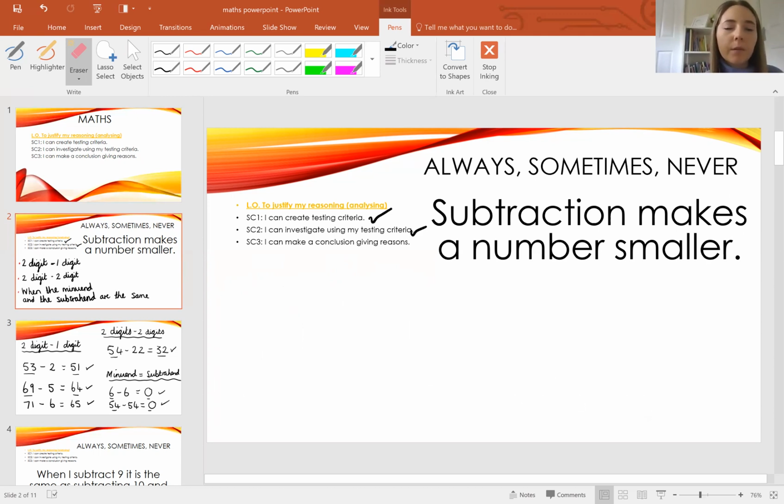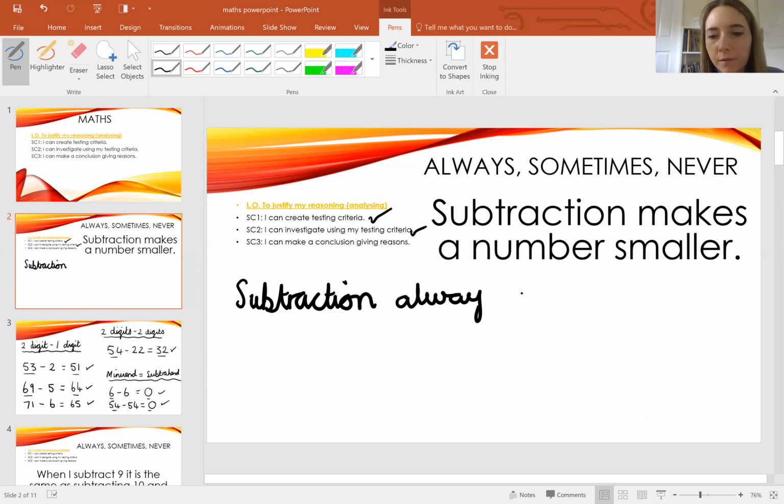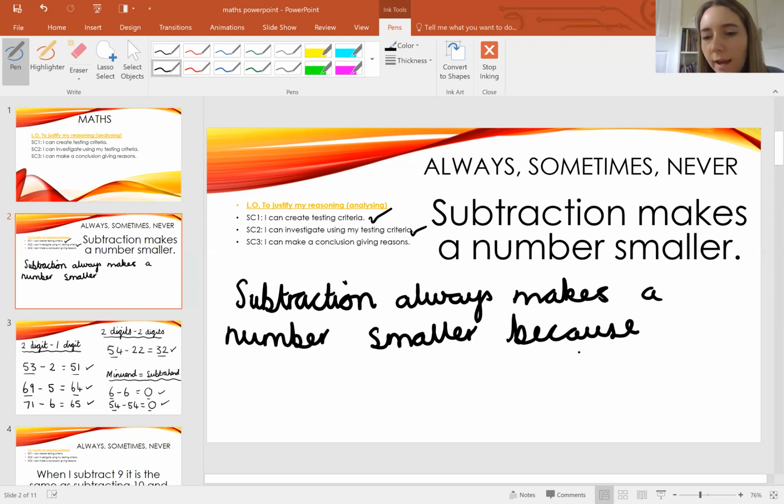So I'm going to start and I'm going to think, subtraction always makes a number smaller. And then I have to use the conjunction because I have to explain why.